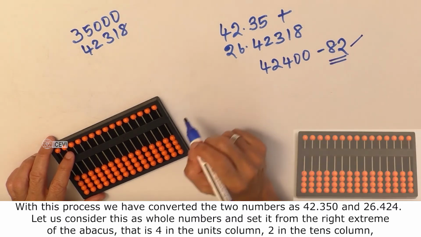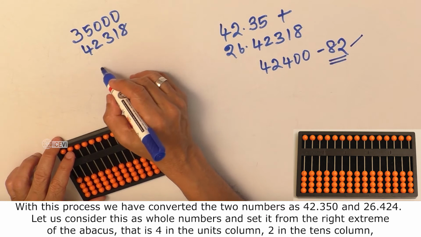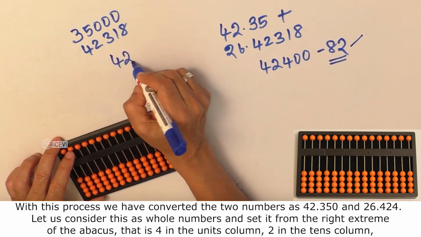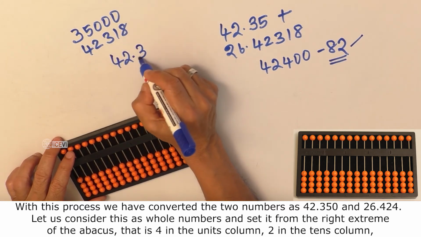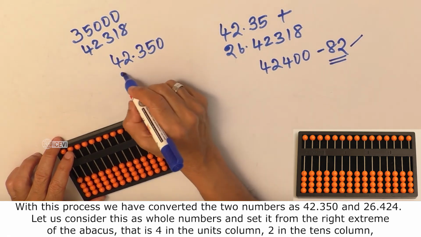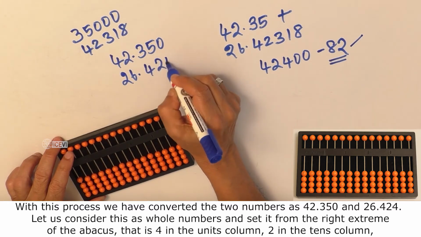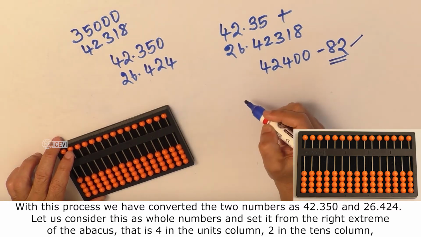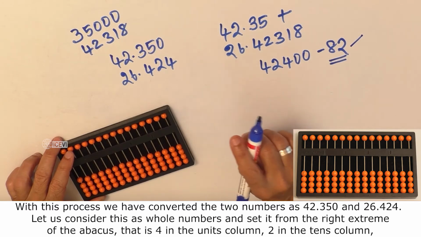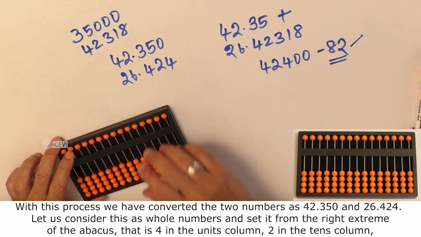With this process, we have converted the two numbers as 42.350 and 26.424. Let us consider this as whole numbers and set it from the right extreme of the abacus.